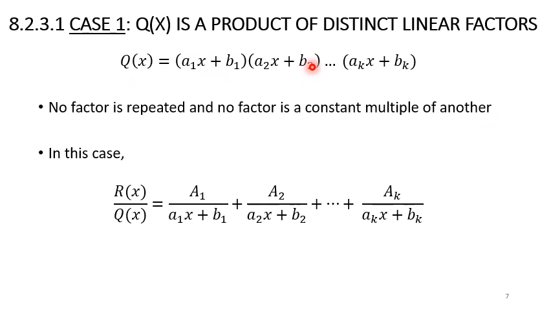So these are all the distinct linear factors. So you can break down the partial fraction in terms of this: r over q equals a1 over the first linear term plus a2 over the second linear term, and so on until you reach the final linear term. So a1, a2 until ak here are just coefficients.